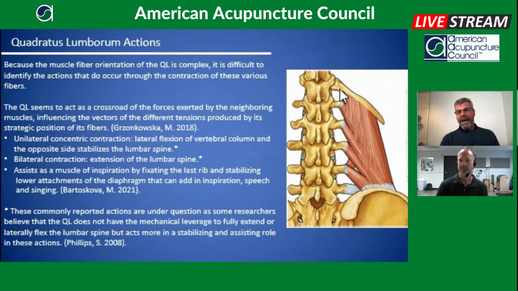What they found was that the erector spinae was about 90% involved in the extension of the lumbar spine, whereas the quadratus lumborum only 10%, which is very interesting. They had basically the same results with the unilateral contraction of the quadratus lumborum as well. It wasn't really a primary mover. Again, it's more of a cross-link, a crossroad, a synergist, an assistant, a stabilizer. So it's quite fascinating.